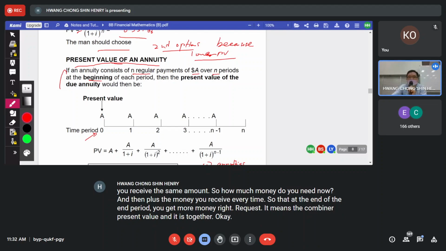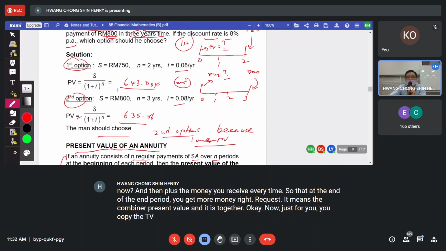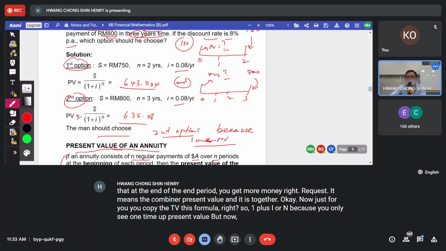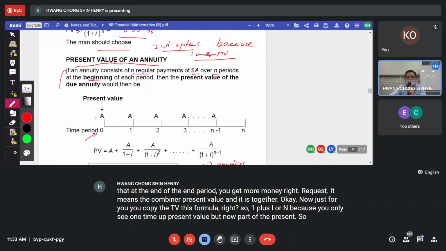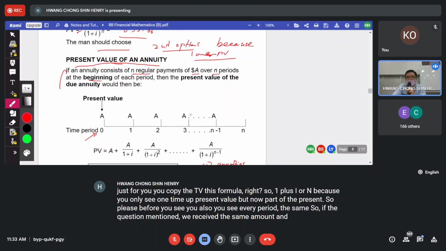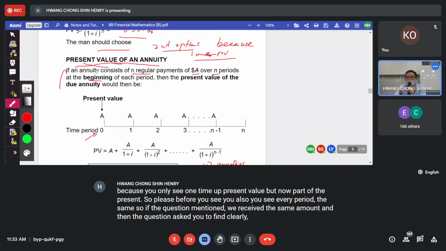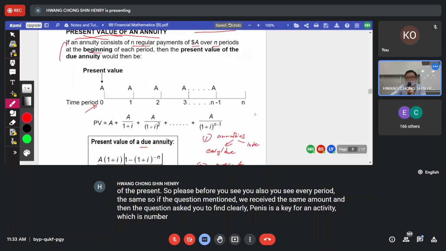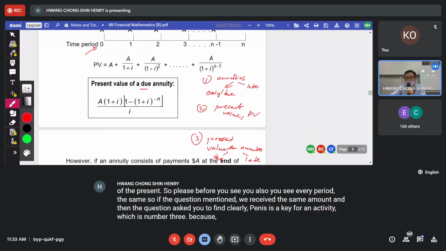Okay. Now, just now you calculated the PV with this formula, S over (1 plus i) to the n. Because you only save one time, present value is the principal. But now, apart from the principal you save, you also receive every period the same amount. So if the question mentions you receive the same amount, and then the question asks you to find PV, that means it's the PV for annuity, which is number 3. You don't go and do number 1 or number 2. A lot of students do number 2.